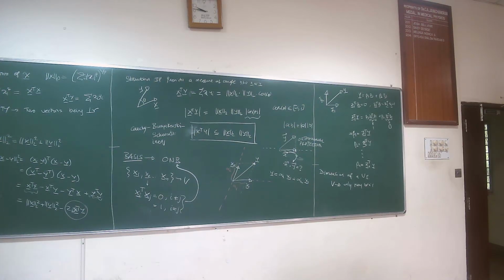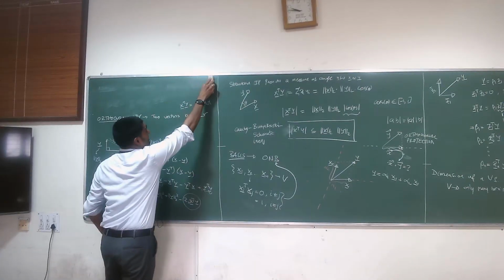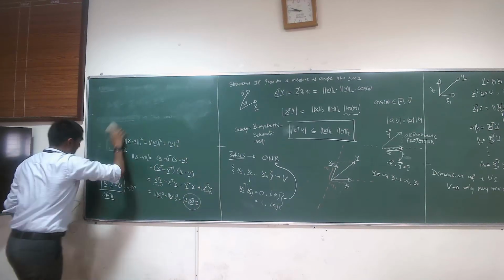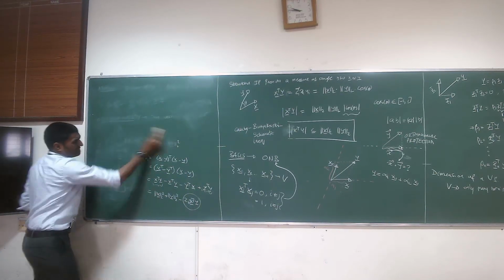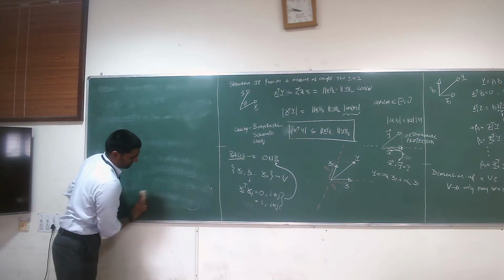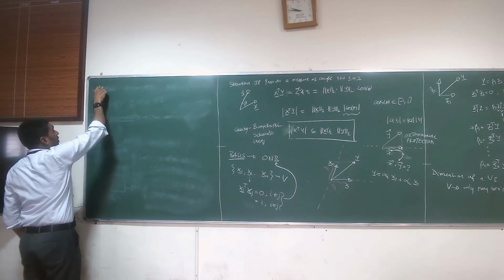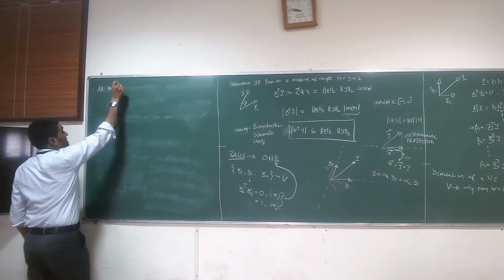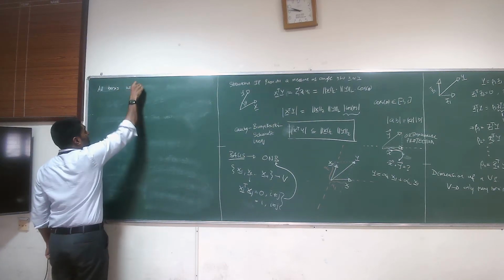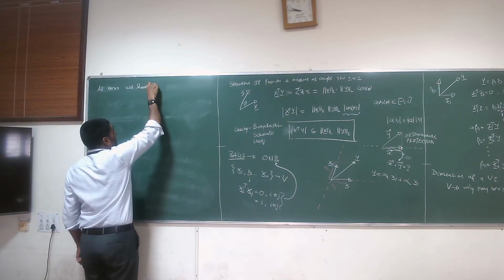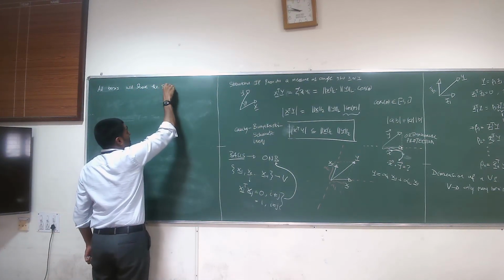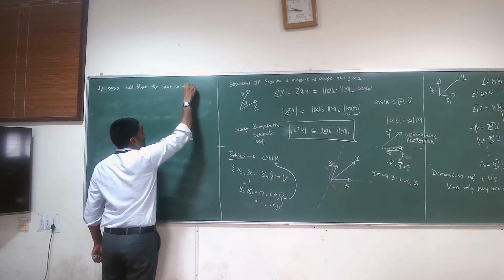Okay, for example, if you're talking about R2, then any basis for R2 will have the same number of basis vectors. Okay? So all bases will have the same number of vectors.